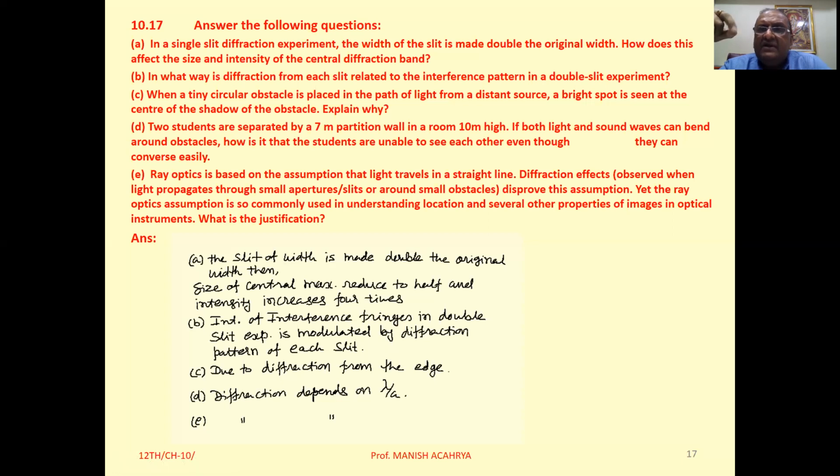If this factor lambda by A is large, diffraction will be more, so one can hear the sound. But if we think about the wavelength of visible range, suppose we take the average, that is 6 into 10 raised to minus 7 meter, then lambda by A will be very small for visible light, and therefore one can't see the person standing behind the wall.